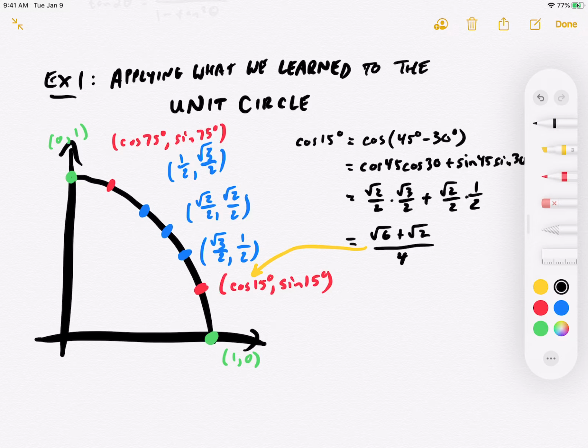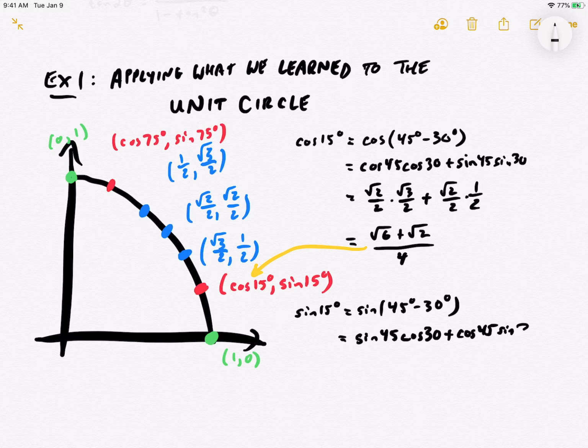If I wanted to know the exact value of, say, sine of 15 degrees, I could use a difference identity as well. Same difference, 45 degrees minus 30. And sine's identity would tell me to do sine of the first times cosine of the second, minus cosine of the first times sine of the second.